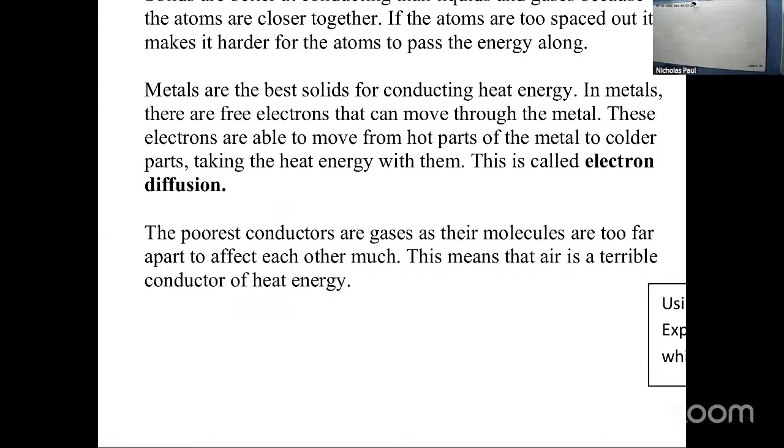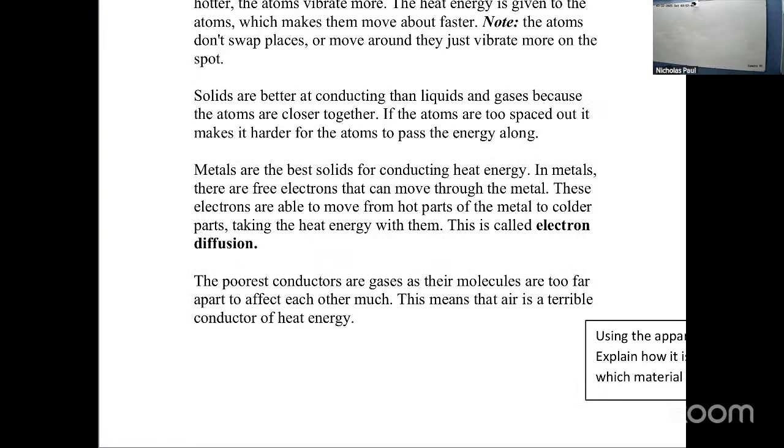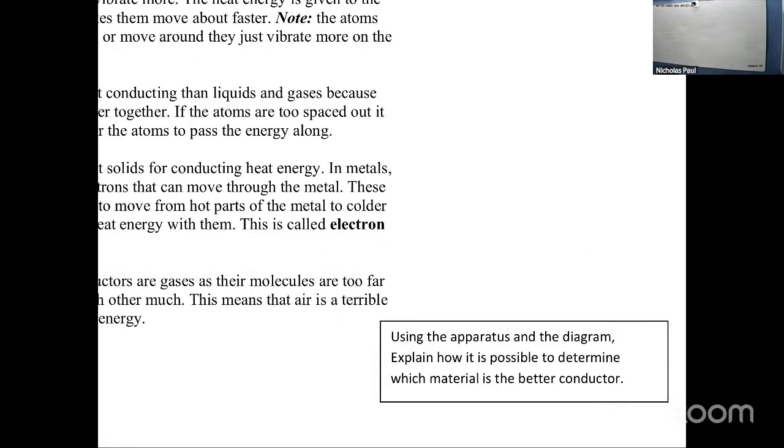These electrons are able to move from hot parts of the metal to cold parts, taking the heat energy with them. This is called electron diffusion. Gases are poor conductors, as their molecules are too far apart to affect each other much. This means that air is a terrible conductor of heat.